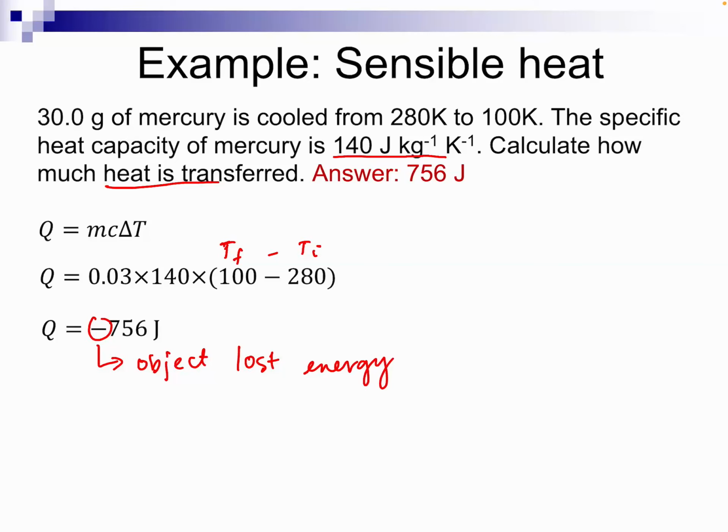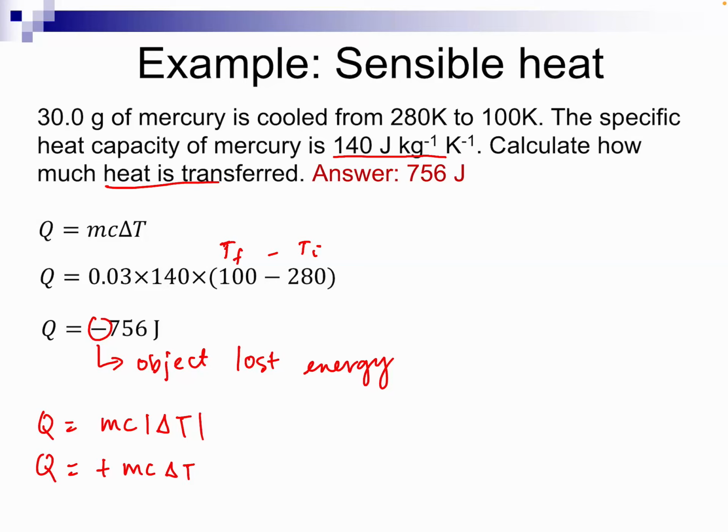So you can very well just calculate Q is equal to MC with an absolute value in temperature and not have to worry about which temperature you use as final or initial, although it's easy to determine that, right? But you can always calculate the amount of energy or heat transferred as a positive number, MC delta T, and then whether it's energy lost by the object or energy gained by the object can be answered by looking at the context, right?